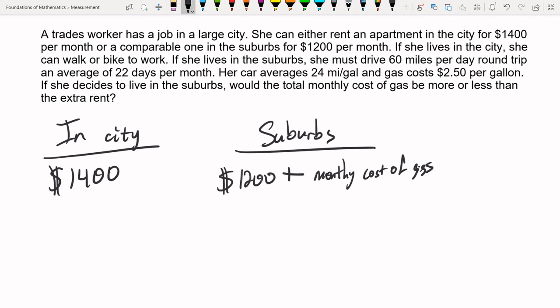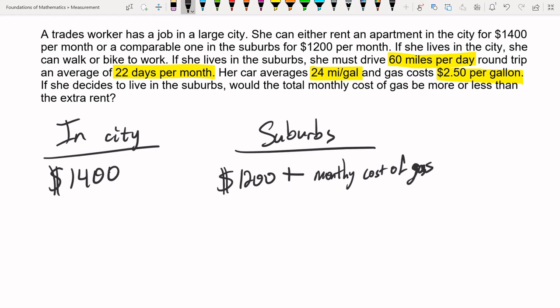How do we find this monthly cost? That's what the rest of this is saying here. It says she's going to drive 60 miles per day for 22 days in a month. And her car gets an average mileage, and this is the average price of gasoline. So all this information we can use to find the monthly cost of gas.